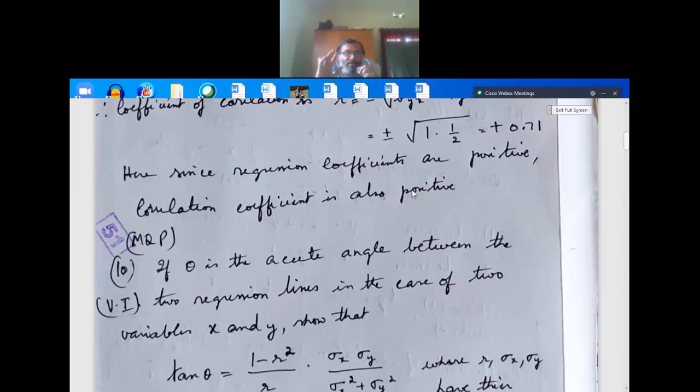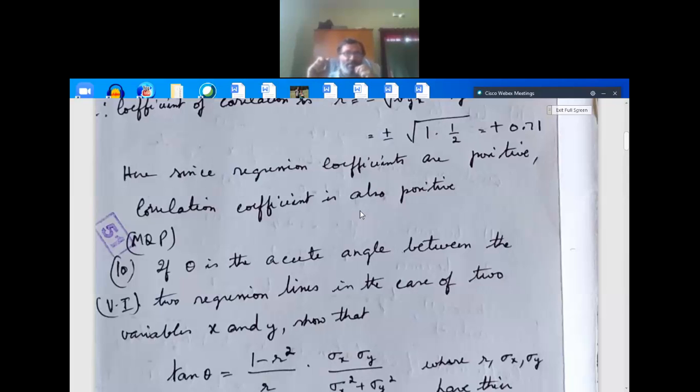For example, if two regression equations are given to find the mean of x and mean of y, we know already, we studied that whenever two regression lines intersect, their point of intersection is x bar comma y bar.